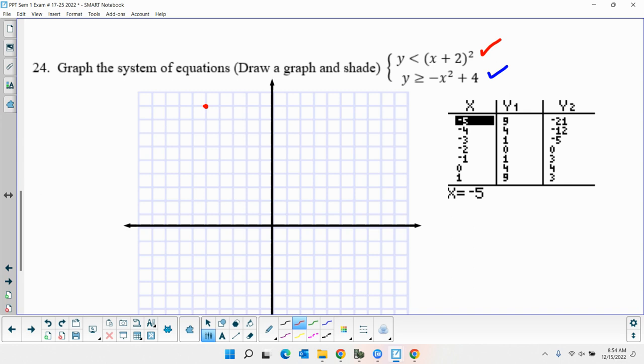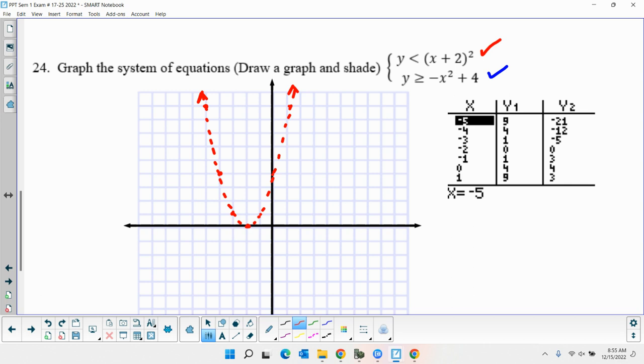Negative 4, 4. Negative 3, 1. Negative 2, 0. Negative 1, 1. 0, 4. 1, 9. So this is dashed, remember, because it doesn't have the equal to. Did you remember that?